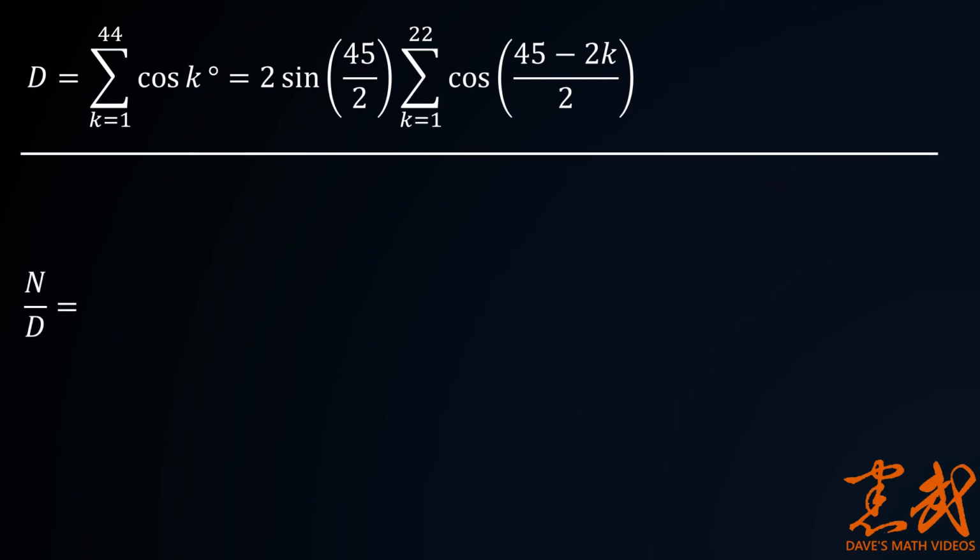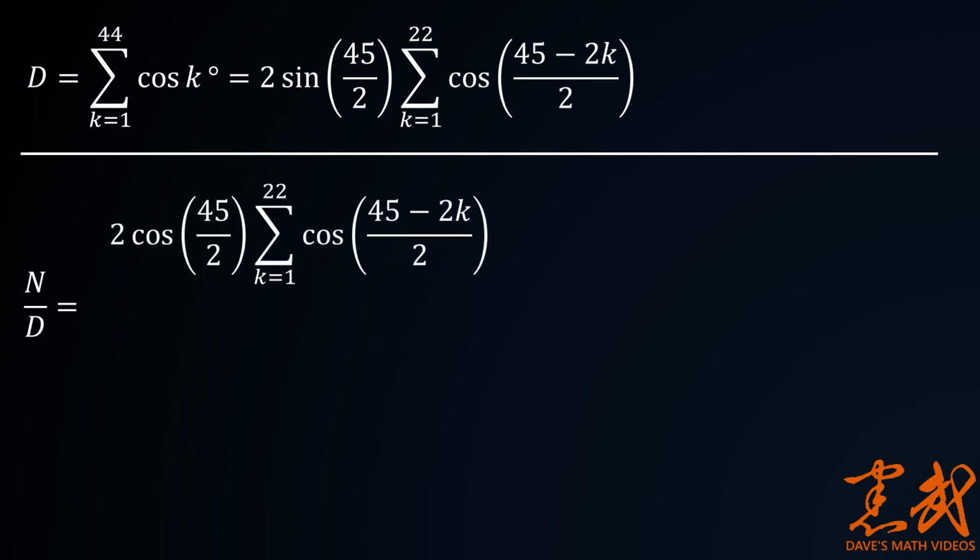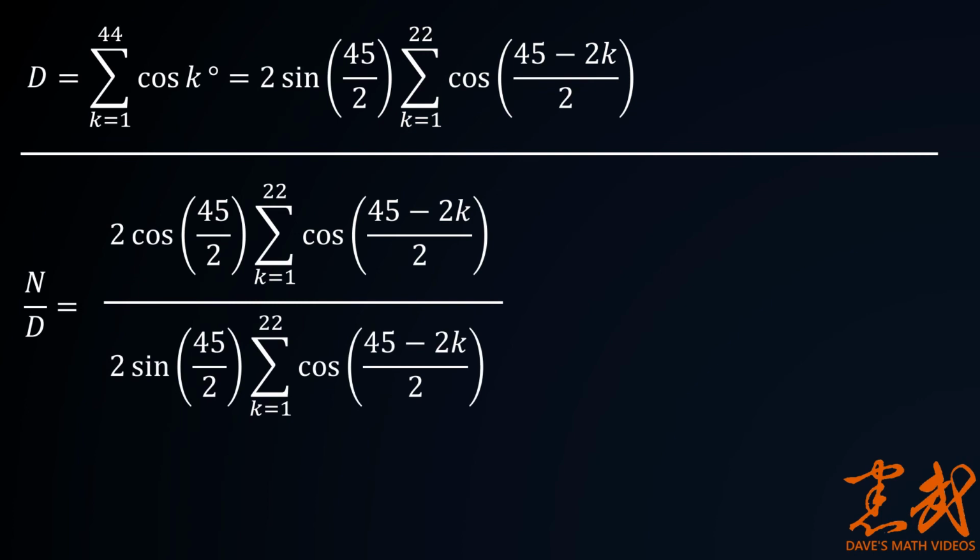Having done this, the numerator over the denominator is equal to 2 times the cosine of 45 over 2 times the sum from 1 to 22 of the cosine of the quantity 45 minus 2k over 2, divided by 2 times the sine of 45 over 2 times the sum from 1 to 22 of the cosine of 45 minus 2k over 2.